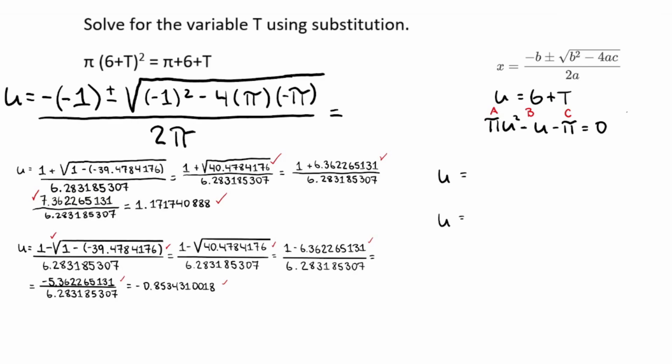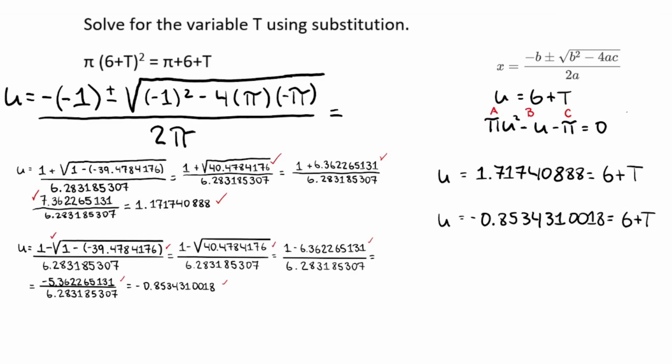So the first one will equal 1.71740888 equals 6 plus t. And then the second one would be -0.8534310018 equals 6 plus t. And if you calculate those out, you get your two t values.